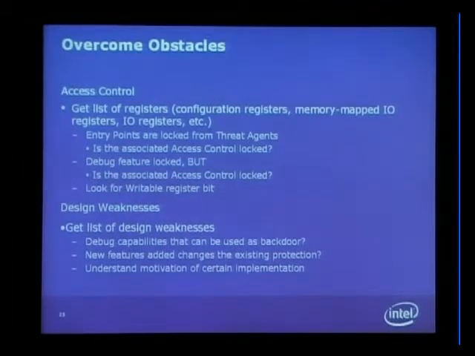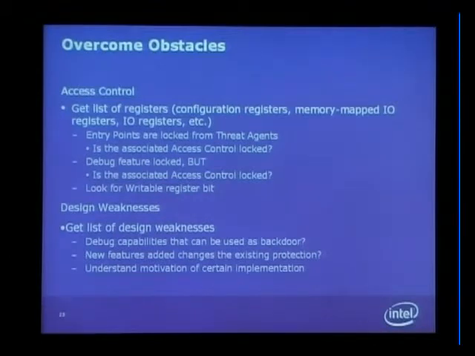Sometimes they may not be locked, because they are certain that if the entry point is blocked, there's no need to block the register. But sometimes this register can influence the logic path going to this asset. So we want to look at how we can utilize it. Can that influence the path, so that we may be able to get into the asset?